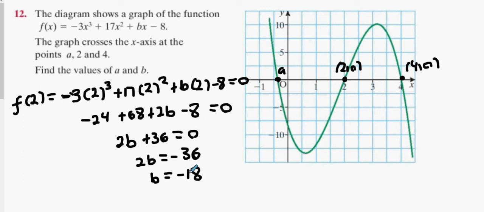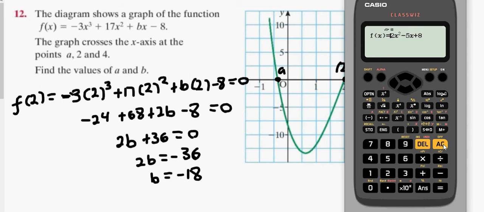Would there be any way of checking that really quickly? What could you do in your calculator? You could do your table function with minus 3x cubed, you could put plus 17x squared in, and you could do bx, which is now minus 18x.